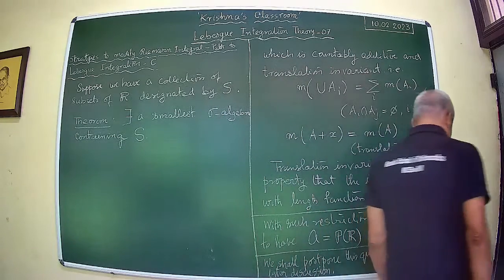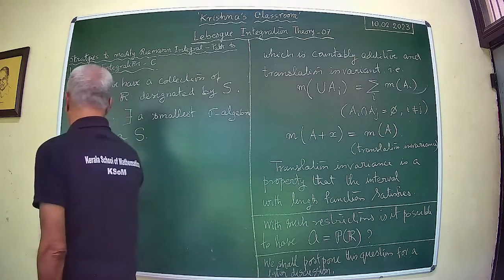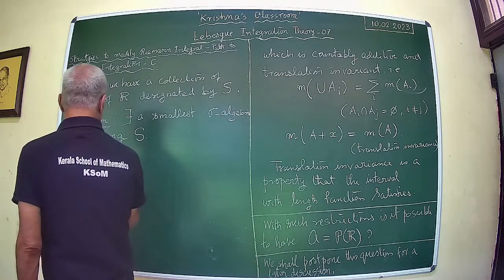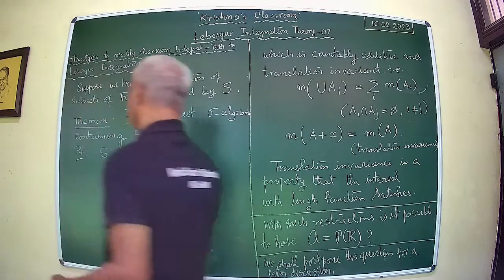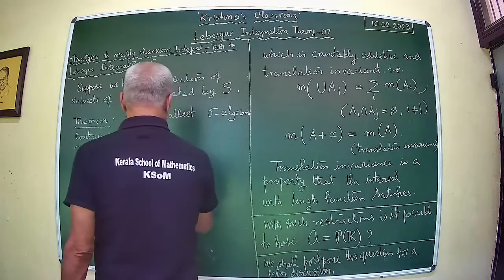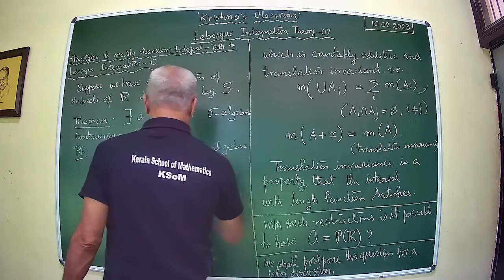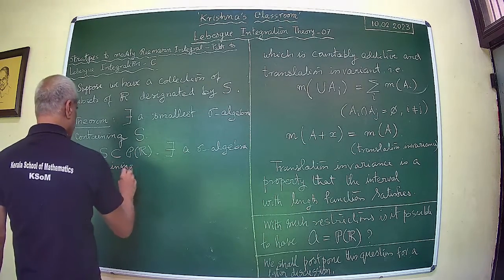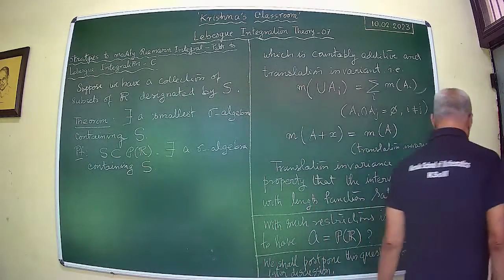Well, this is a powerful result. I mean, it's quite easy to prove because you see that the proof goes like this. S is certainly a subcollection of PR. And this is a sigma algebra. So there exists a sigma algebra containing S. Now suppose you take two sigma algebras.